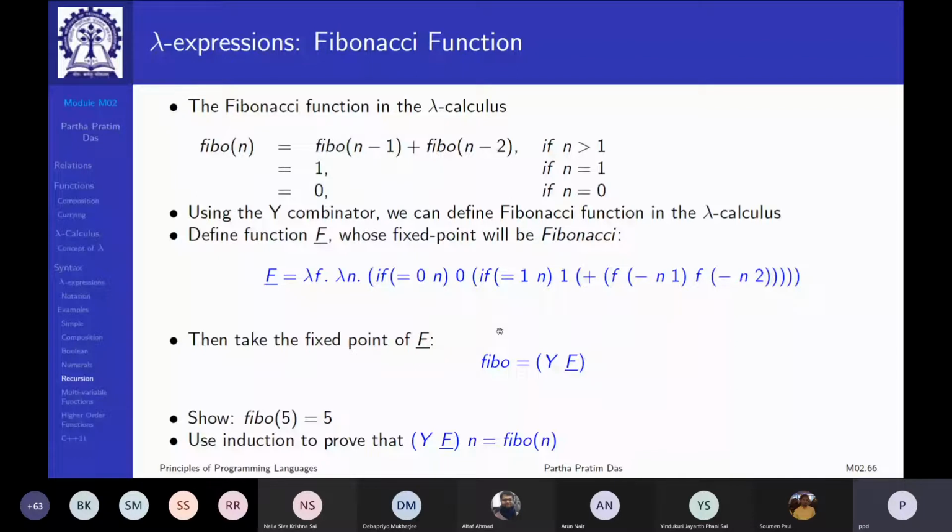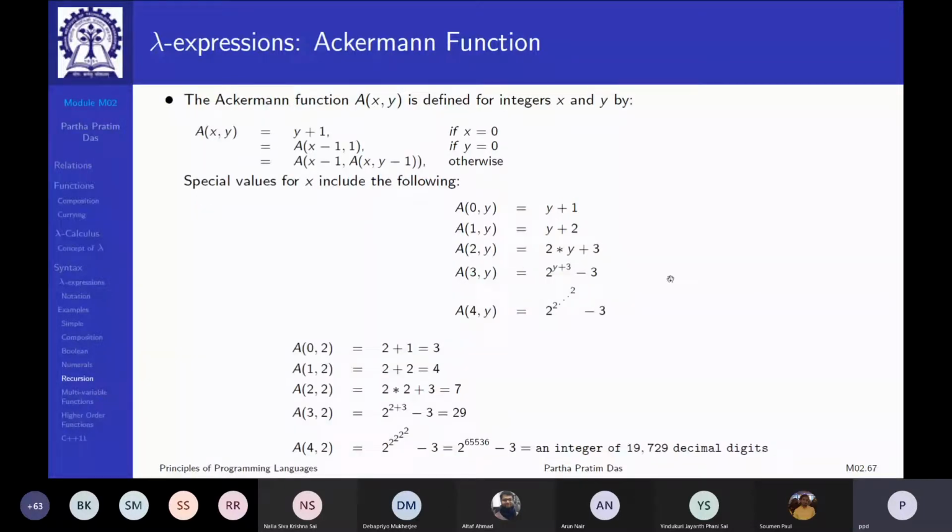So we then also see whether it is only for, say, linear recursion, because your Fibonacci, though it is not a tail recursion, is a linear recursion. So we check the Ackermann function. I'm not sure if you are familiar with the Ackermann function, but it is defined in this way.